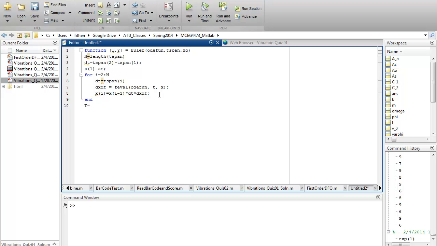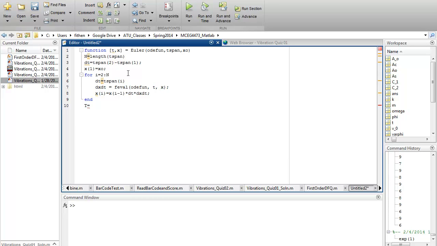I probably should go ahead and change these two variables, x, and leave that as t. I'll go ahead and make it a smaller x. I don't think I have a t in here, so I'll make it a smaller t.